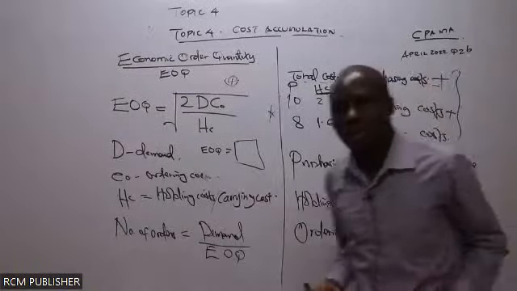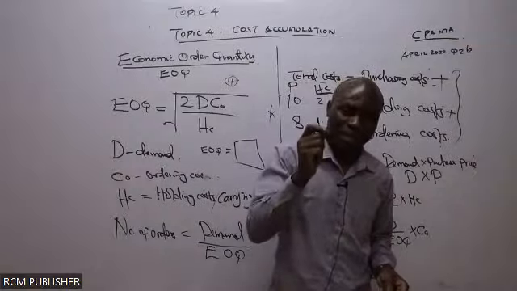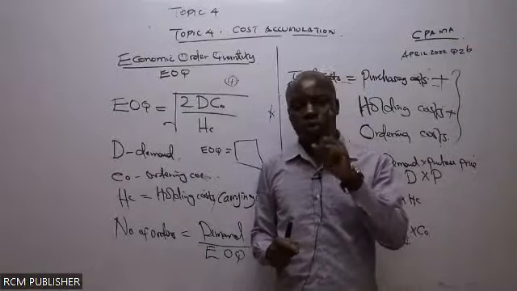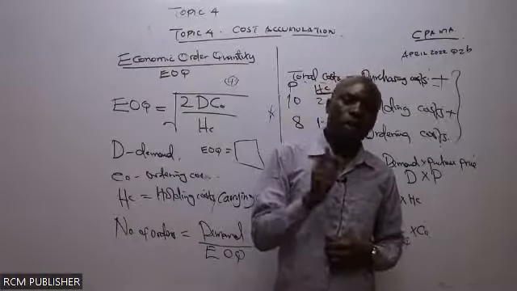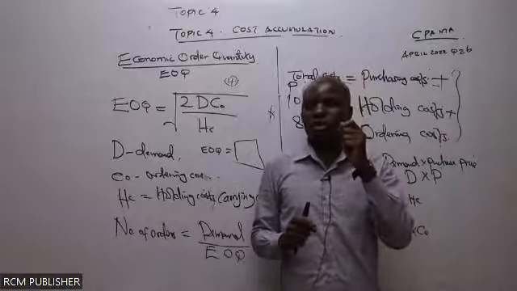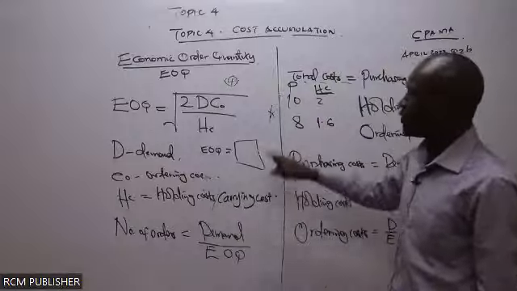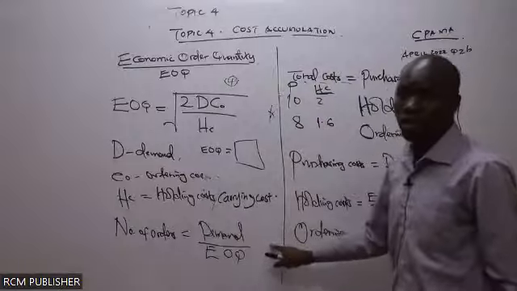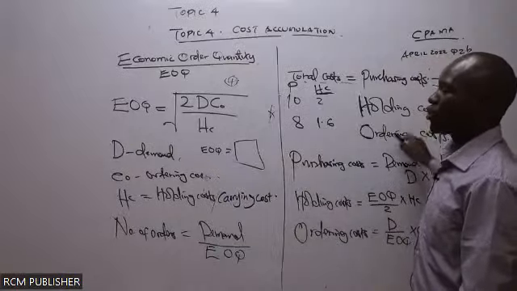As a company, anytime we have an opportunity to reduce our operating expenses, that will be good for us. So the company will be looking for an opportunity whereby if they order a given number of goods, they are going to spend the lowest total cost. So in this range from A to E, they pick that range which gives them the lowest total cost.